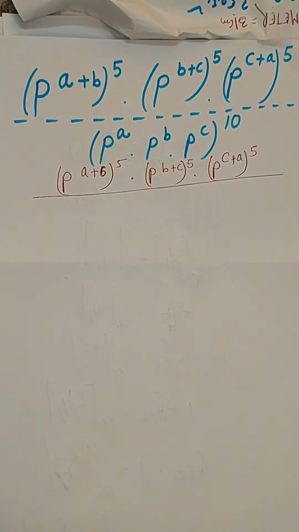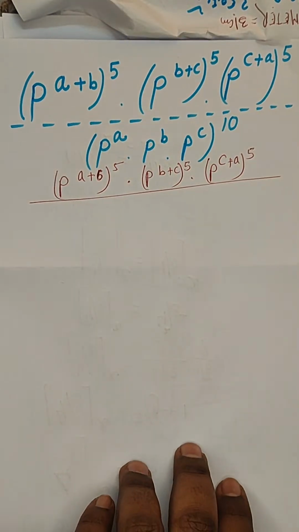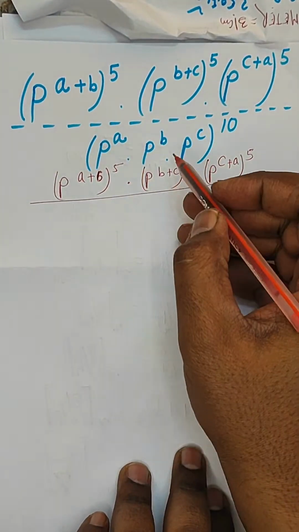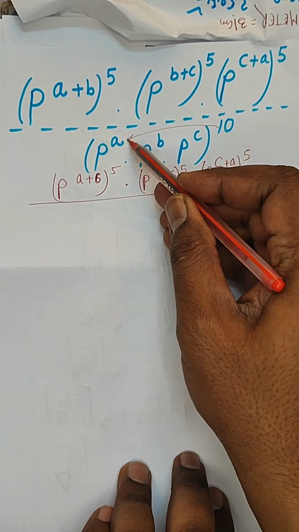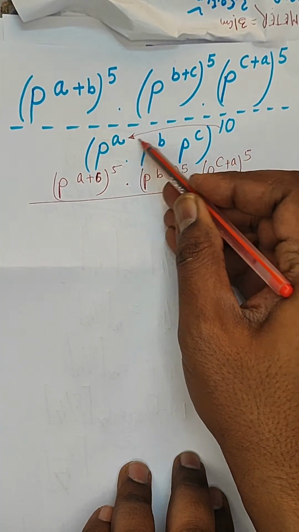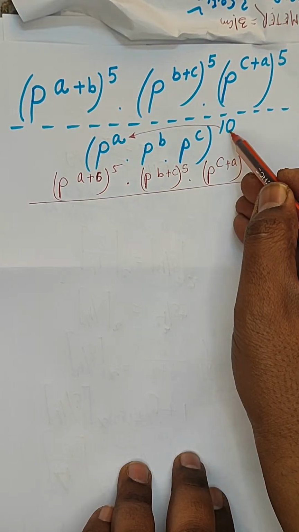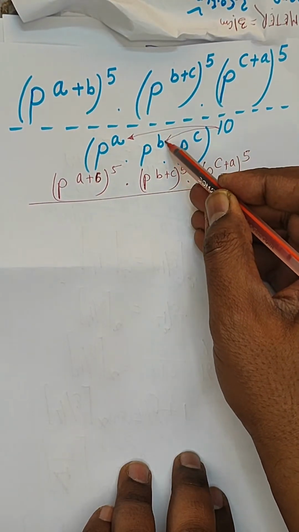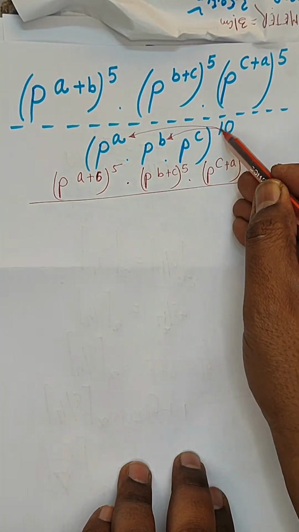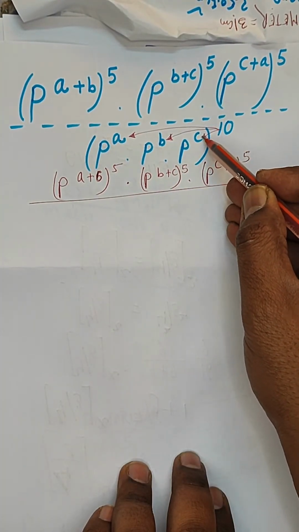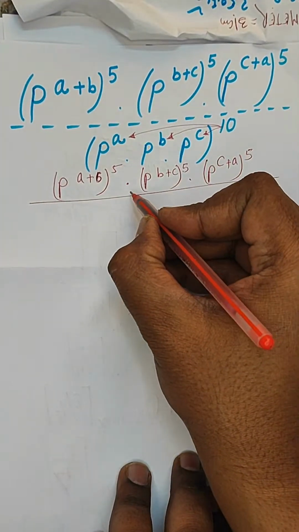These are the terms of the numerator. In the denominator, this 10 can be multiplied to this exponent, because this is also an exponent. This can be multiplied to this b also, and this can be multiplied to this c also, right?